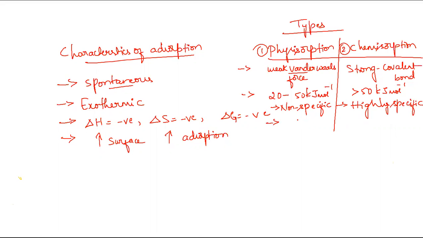And no compound is formed between the adsorbent and adsorbate. No compound formation takes place. Whereas here a particular compound will be formed since it is again a covalent bond, with a particular reactant. So this is reversible. Once the adsorption takes place, by providing this much energy, desorption takes place and the adsorbed gases can come back from the adsorbent.